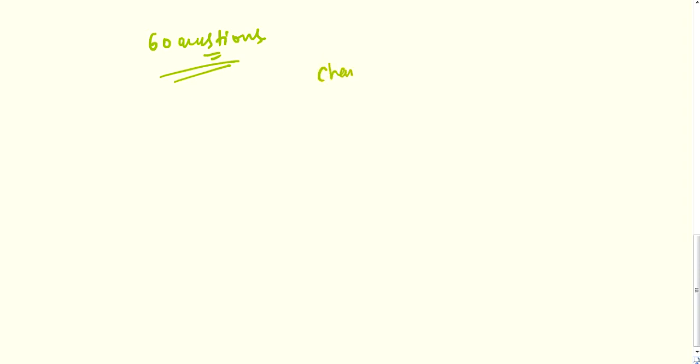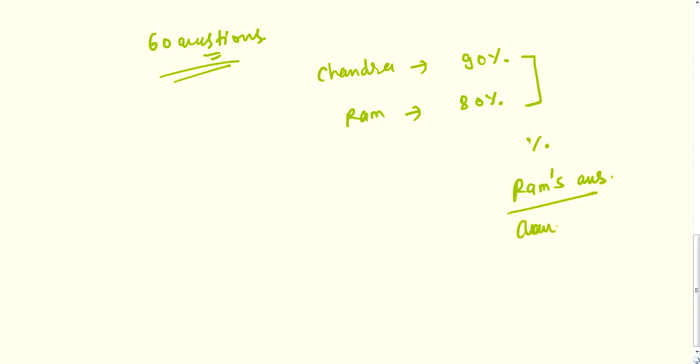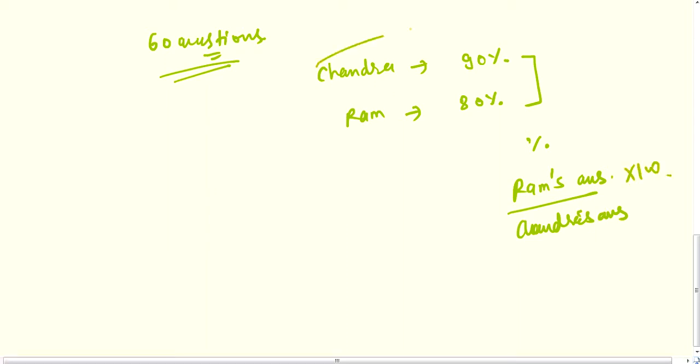Chandra got 90% correct answers, and Ram got 80% correct answers. First we find how many correct answers each got, then the percent of Ram's correct answers to Chandra's. Since we are finding percent, we will multiply by 100. First we are solving this part.